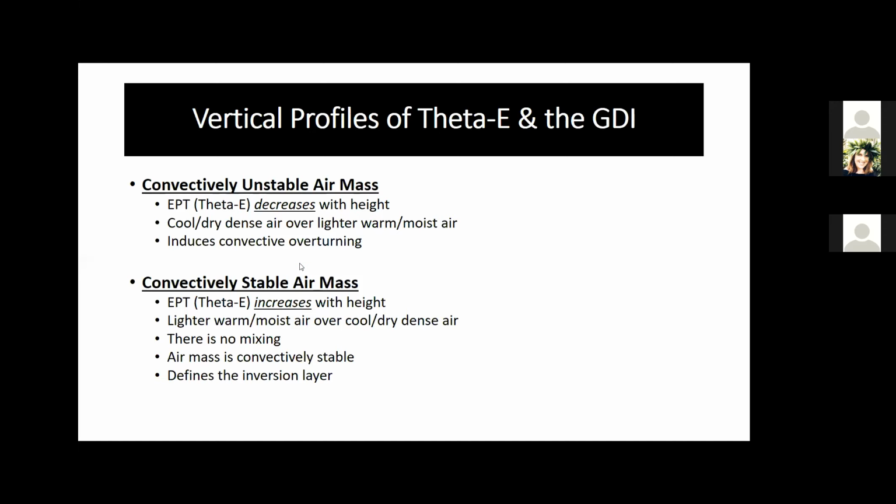When you look at vertical profiles of the equivalent potential temperature, you can have two possible outcomes. One of them would be that the air mass is convectively unstable, or that the air mass is convectively stable. The convectively unstable air mass would take place whenever the equivalent potential temperature decreases with height. When it decreases with height, you have cold air over warm, moist air, which induces convective overturning.